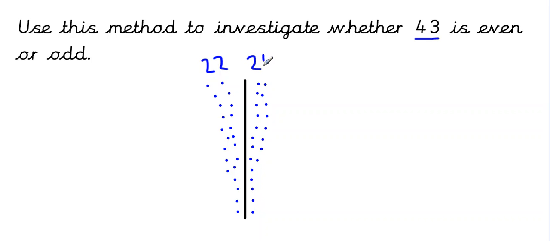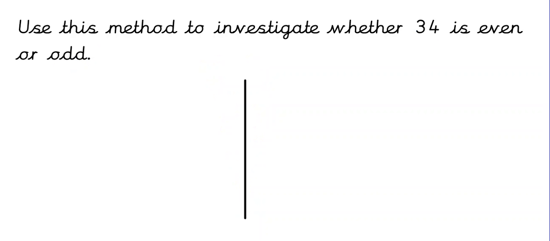So my two amounts are different. So what does that mean? That's right, it means it is an odd number. Well done. Have a go at this one. So using the same method, can you tell me whether 34 is even or odd? Pause the video now and have a go.